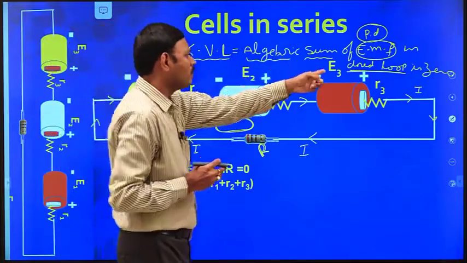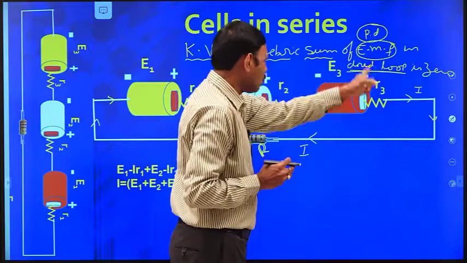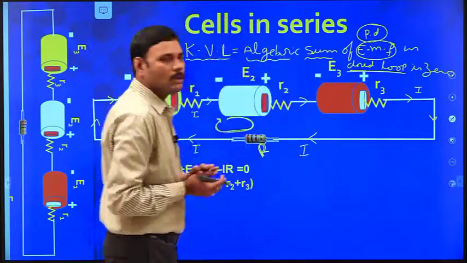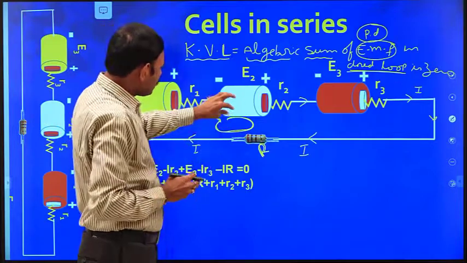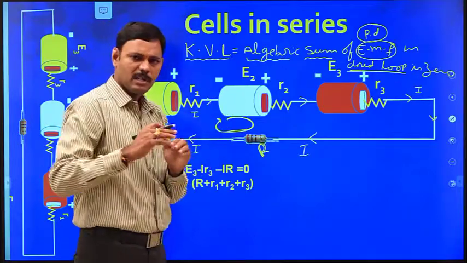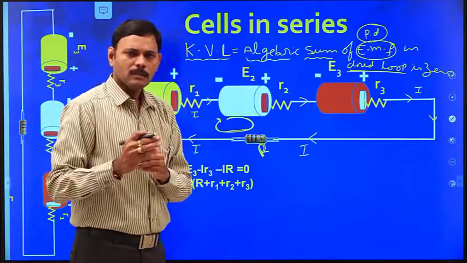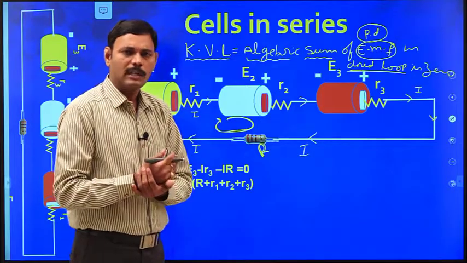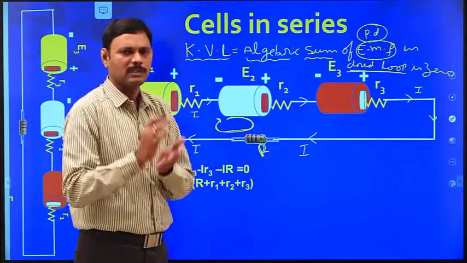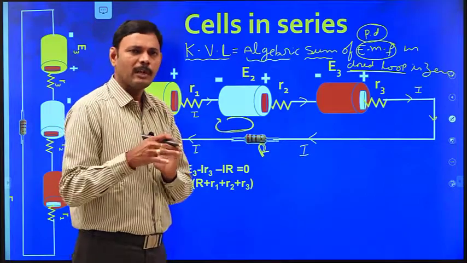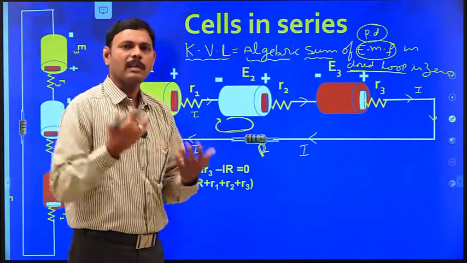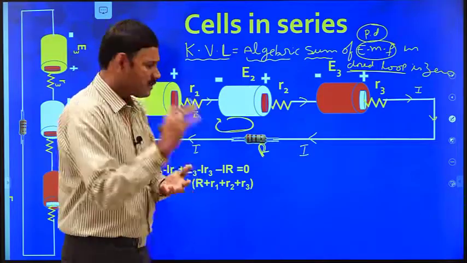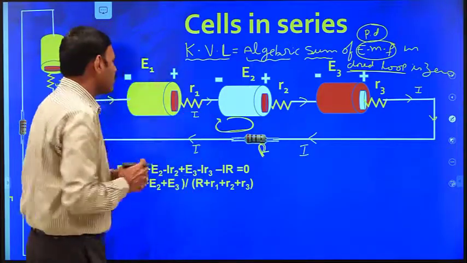The algebraic sum of potential differences in a closed loop is 0. Students, it is not only up to this explanation; this part of the explanation comes repeatedly. We have to apply Kirchhoff's voltage rule throughout this chapter. It is a very basic law. Even in this video, we have to apply Kirchhoff's voltage law four to five times. That's why you must have an idea about it.